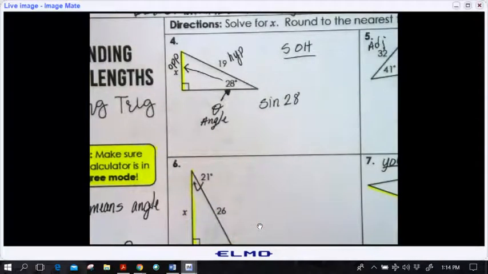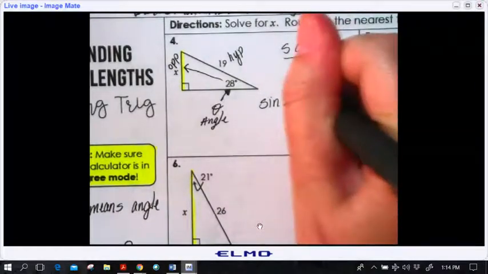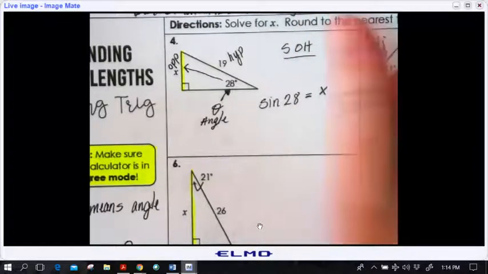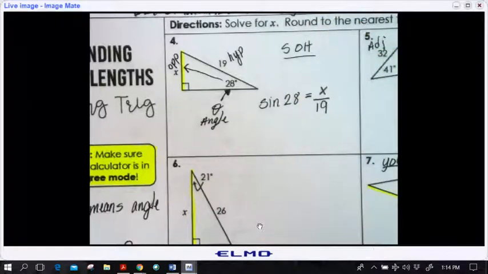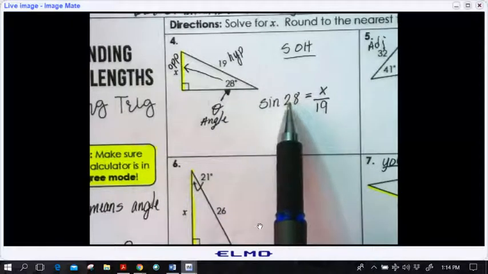Okay, so sine of 28 equals the opposite over the hypotenuse. And it's that simple, okay? So the angle measure is what goes here.